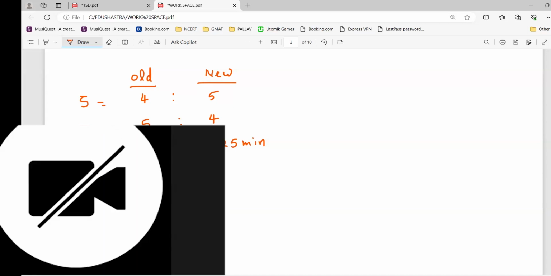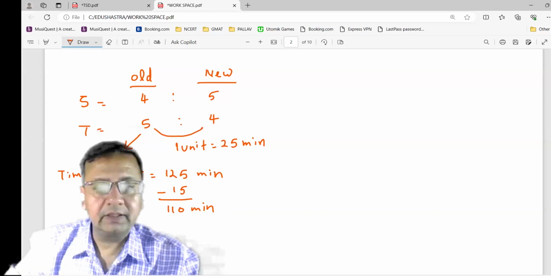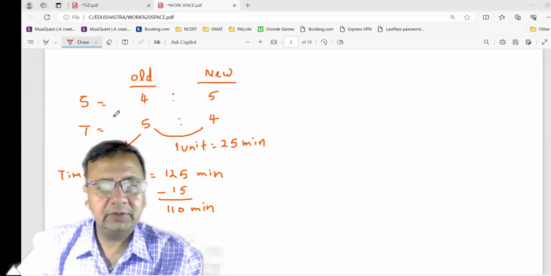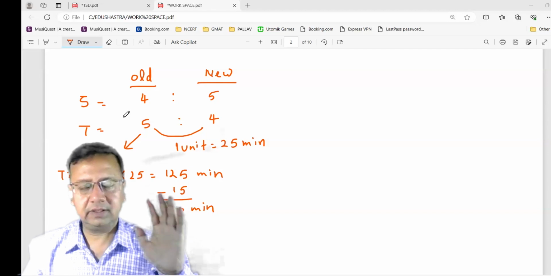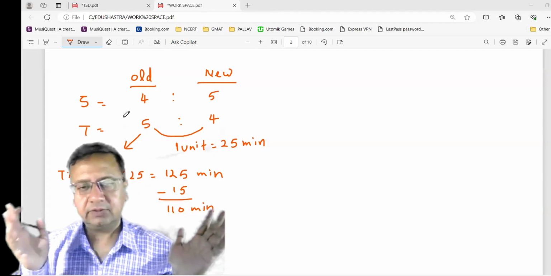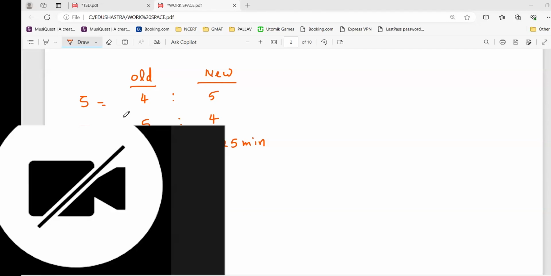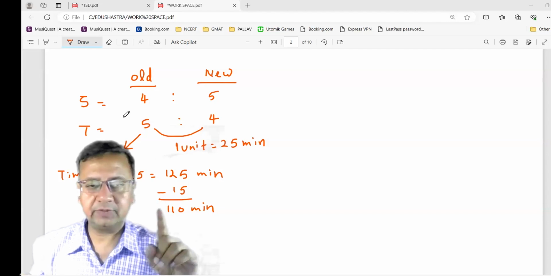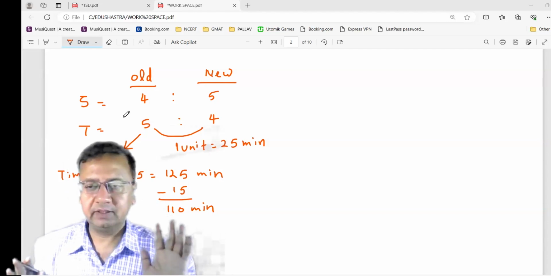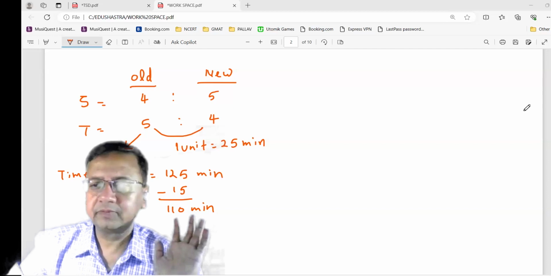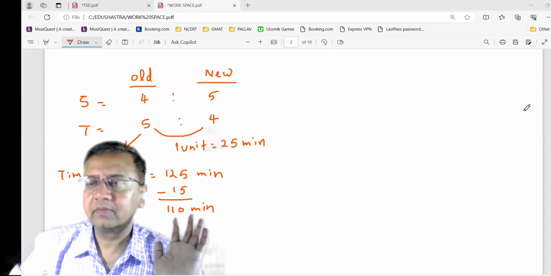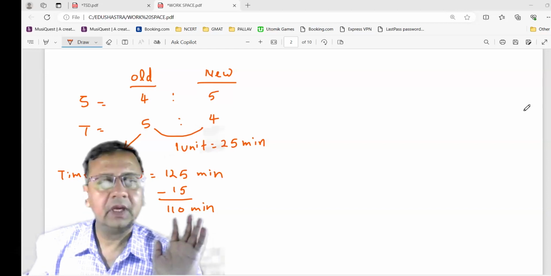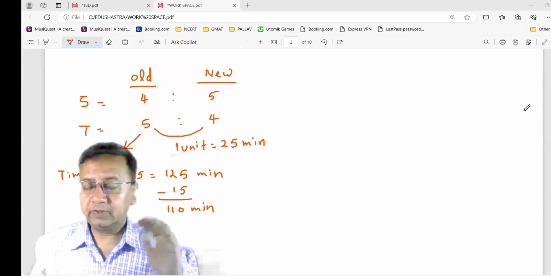So I suppose Niyati, you got this logic, no? The speed earlier is 20, later is 25. So ratio of speed is 4 is to 5. Ratio of time will be 5 is to 4. I got a 1 unit of gap, so 1 unit of gap should be equal to 25 minutes. Now, I want the normal time.